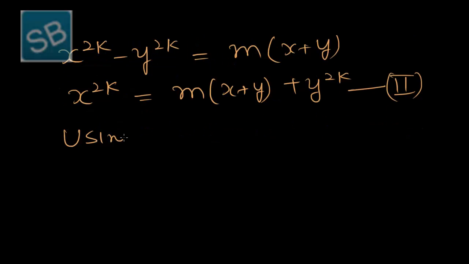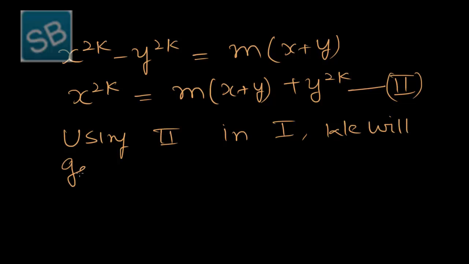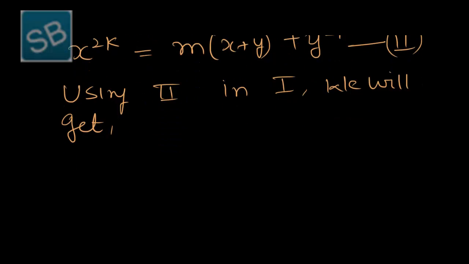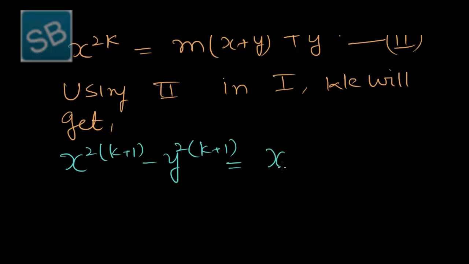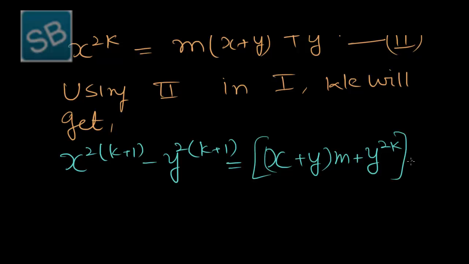So using equation 2 in equation 1, we will get x raised to power 2 times k plus 1 minus y raised to power 2 times k plus 1 is equal to, with x raised to power 2k replaced by m times x plus y plus y raised to power 2k, into x square minus y raised to power 2k plus 2.